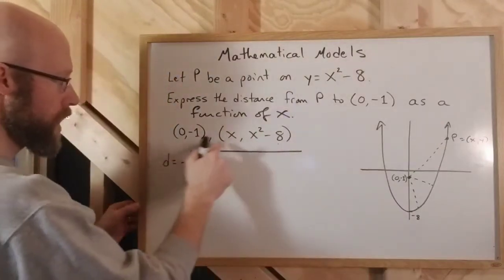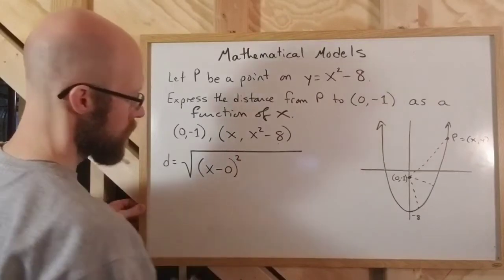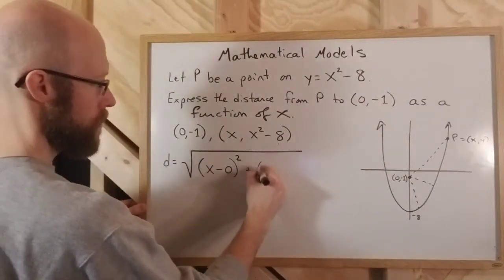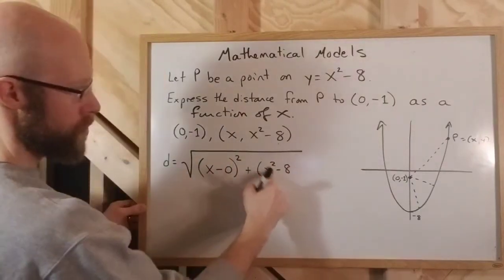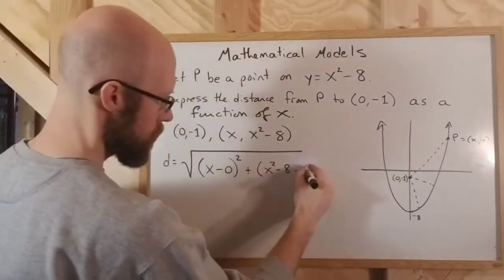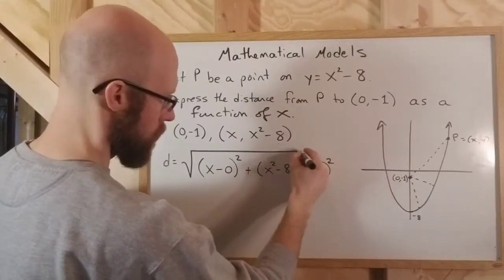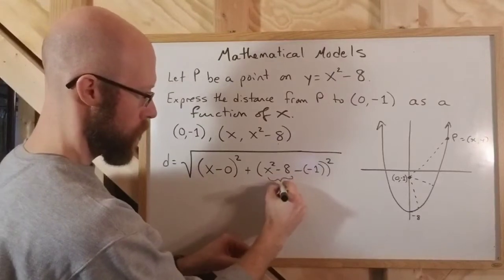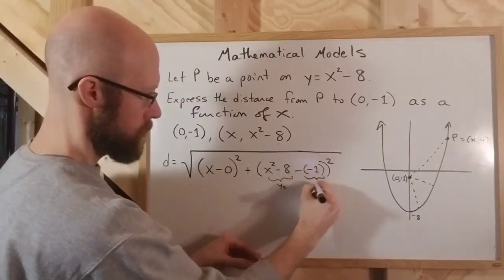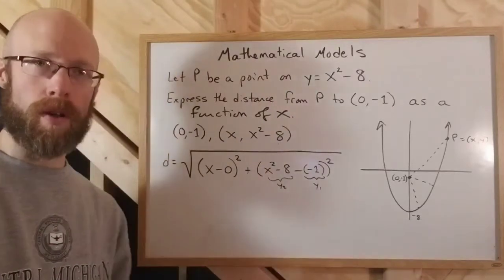So the difference in the x's is x minus 0 squared, and the difference in the y's would be x squared minus 8, that's the first one, minus -1, squared. I'm putting a lot of things in here. This is my y2, this is my y1, I subtract them, and then square that.